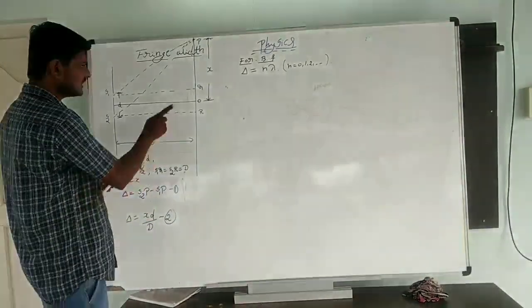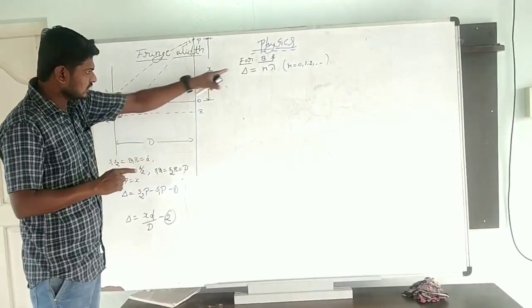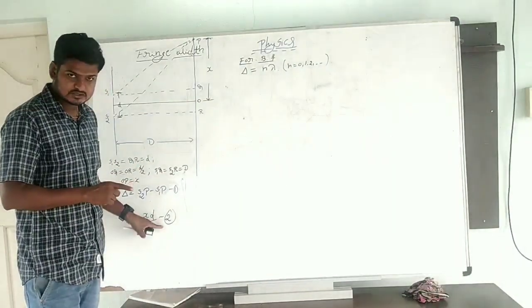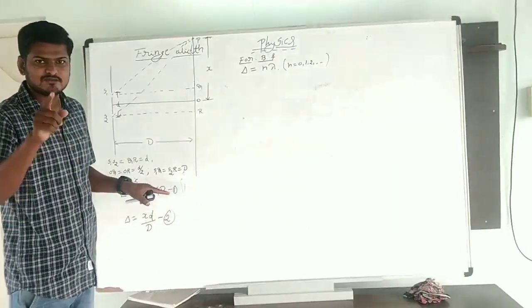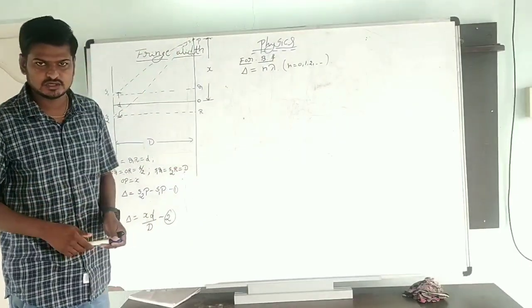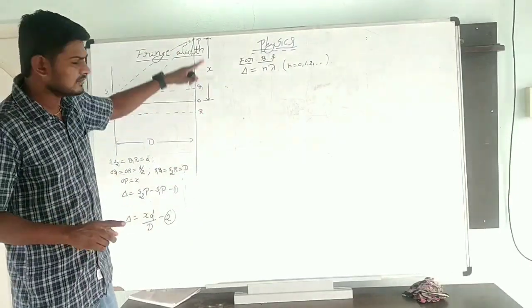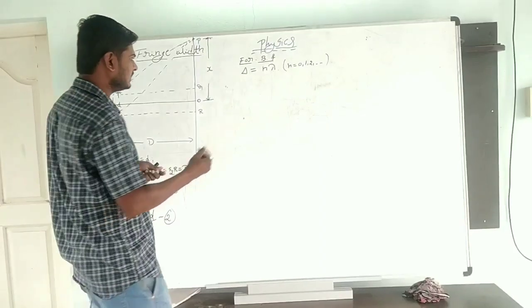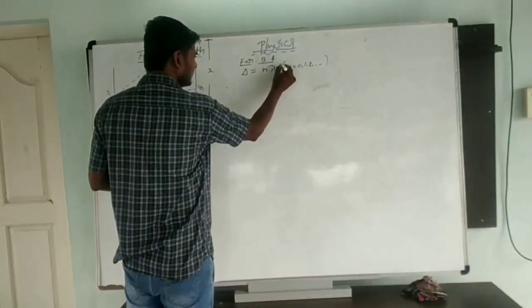Now, when you equate this path difference and that path difference, you will get the distance of the nth bright fringe from the center. That is why I am going to take this equation as equation 3.